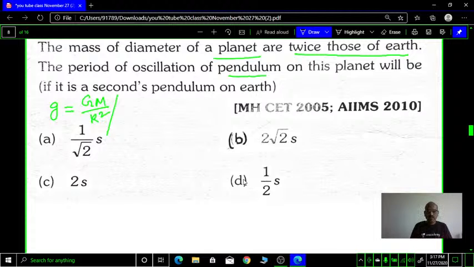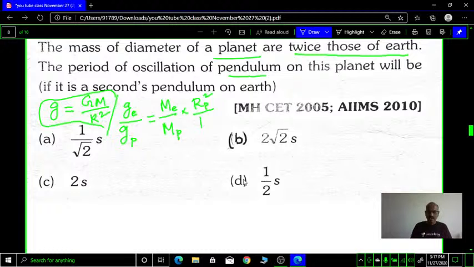Now, g on Earth by g on the planet equals, we know how this equation works. Small g and capital M are directly proportional, so mass of Earth by mass of planet, into radius, which is inversely proportional, R P square by R E square, radius of the planet by radius of the Earth.